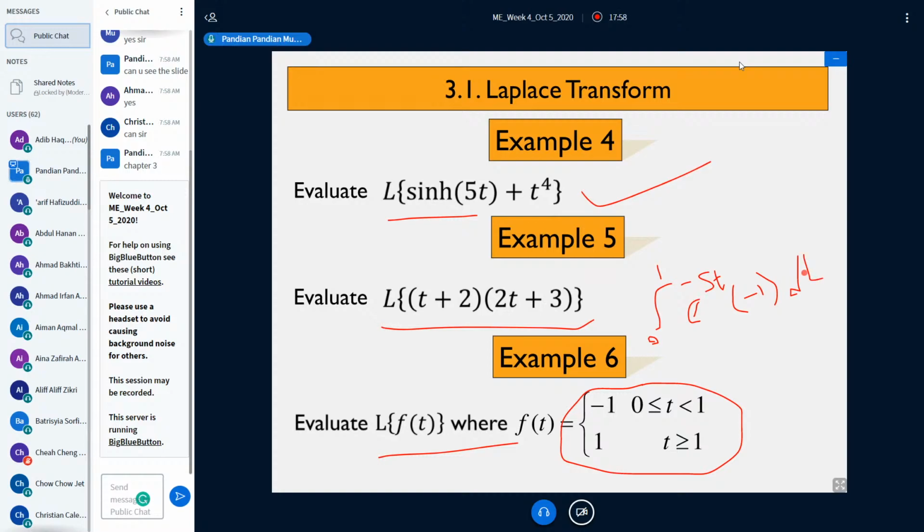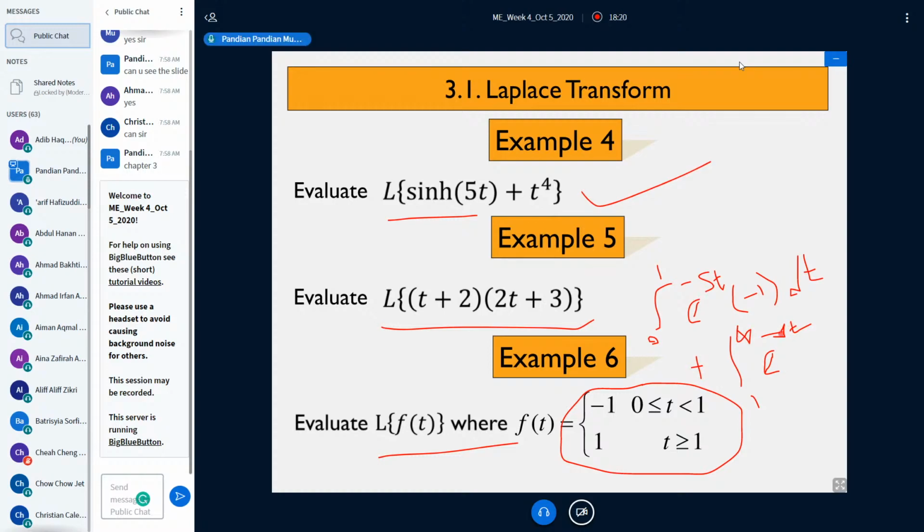This is the first part. Plus the other one from 1 to infinity of e power minus st multiplied by 1 dt.